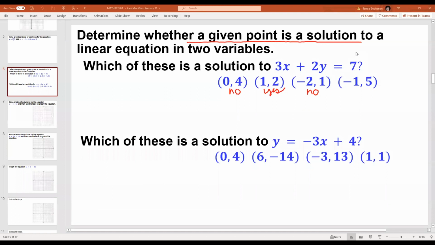And negative 1, 5. How about that? So 3 times negative 1, negative 3. 2 times 5, 10. 10 minus 3 is 7. So this is also a yes. So we were able to test whether or not a point is part of a solution to a line, given just given point, putting it in.